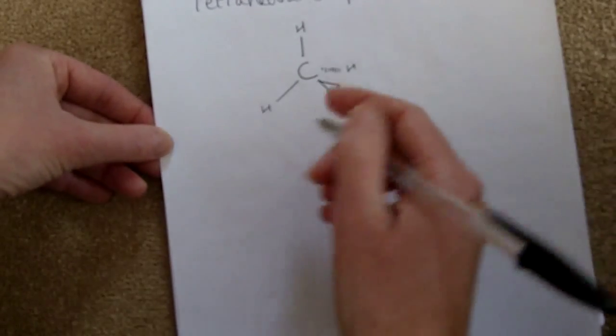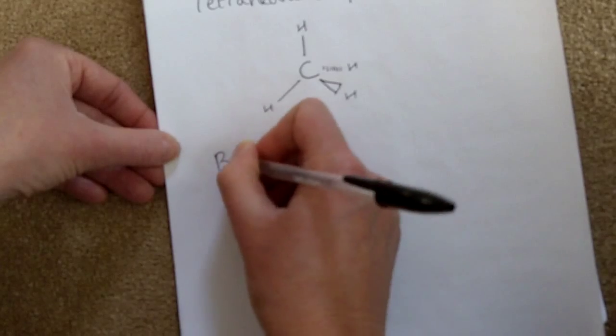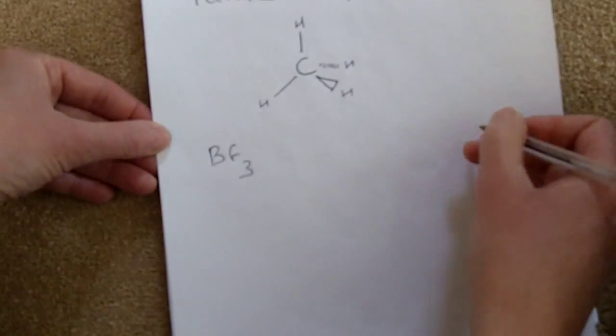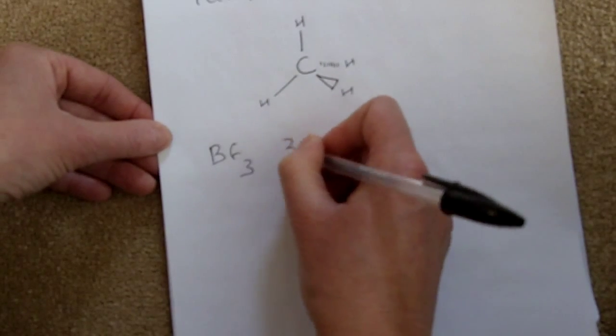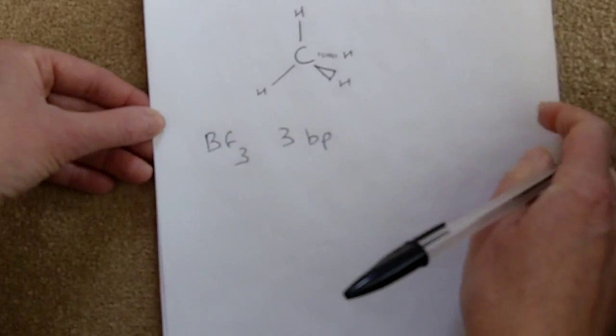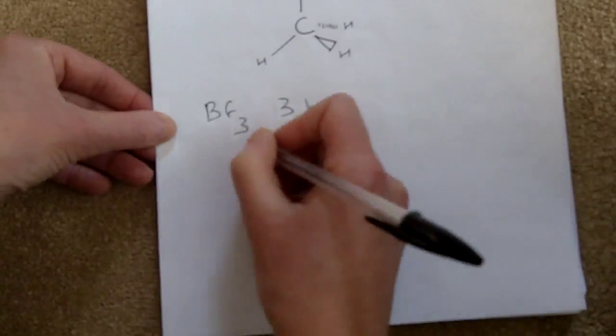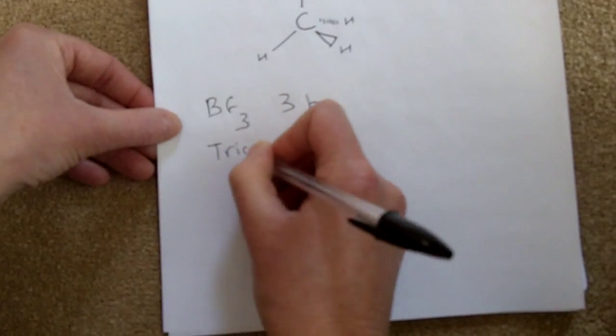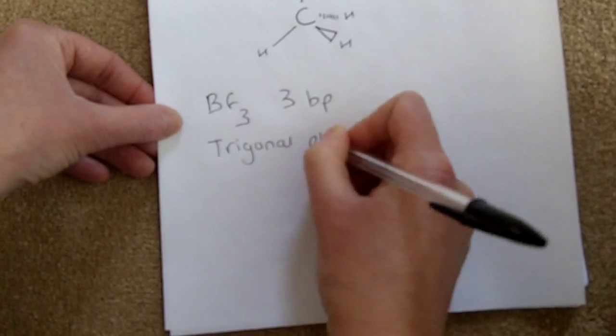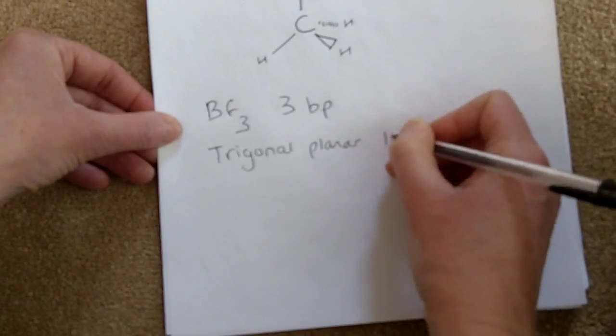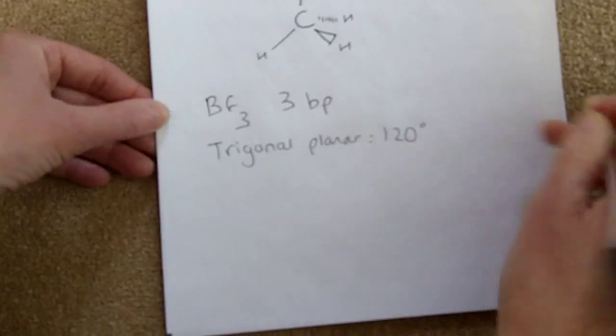Okay, if you have something like BF3, which we were just talking about, that has 3 bond pairs, and they want to get as far away from each other as possible. That shape is called a trigonal planar shape, and has a bond angle of 120 degrees.